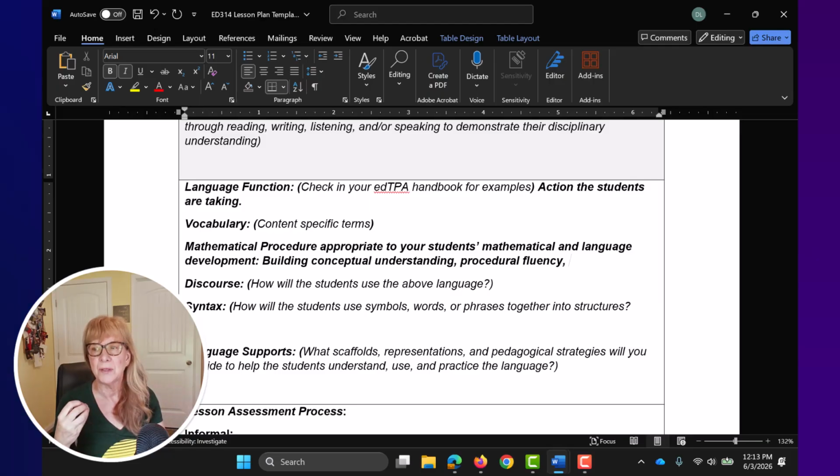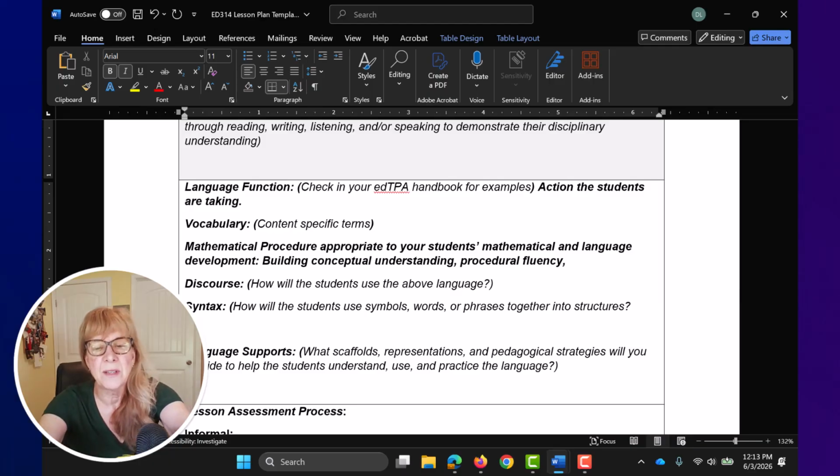So if you've already taught them what a fraction is and how to add fractions with like denominators, then you might give them a couple of days to do practice with adding fractions with like denominators. And so that's what procedural fluency is.